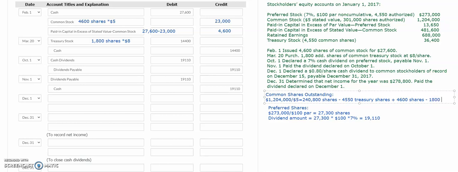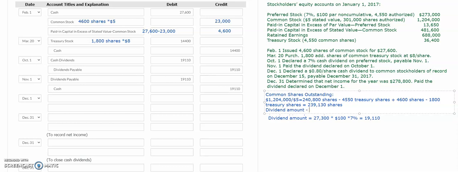So I needed to subtract out 1,800 for the additional treasury shares that we had repurchased on March 20th. And now I know that my total number of shares is 239,130 shares outstanding.